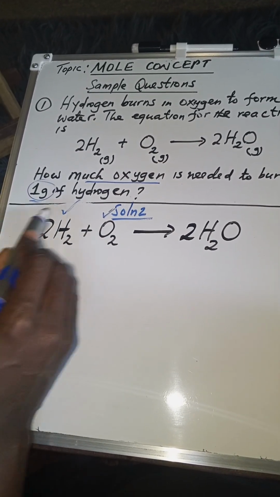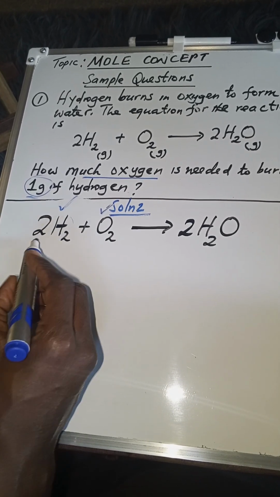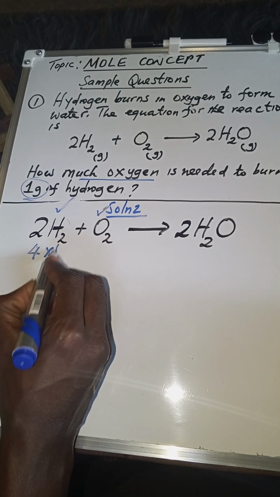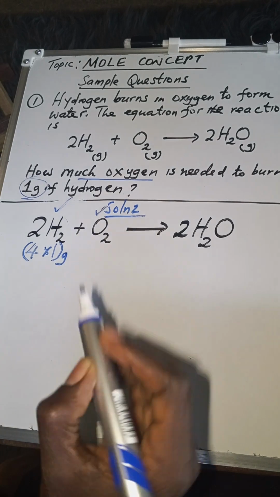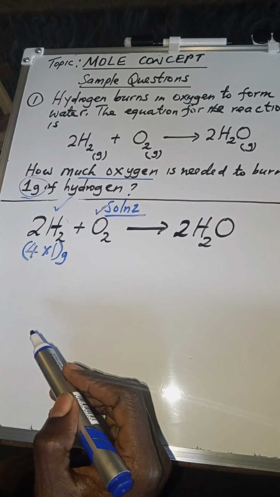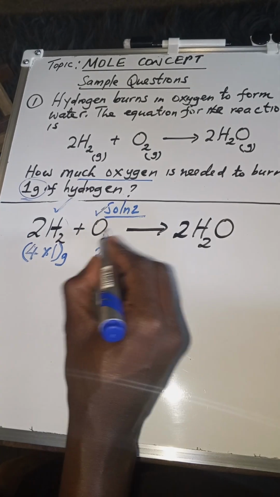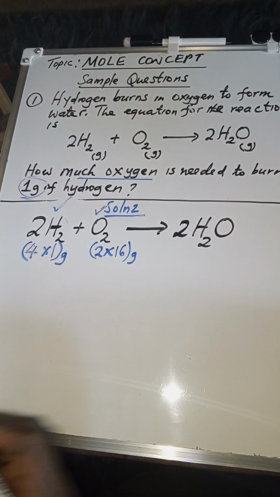If you notice here, the total number of hydrogen atoms is 2 times 2, so it will be 4. It will be 4 multiplied by the atomic mass of hydrogen, which is 1, so that gives me the total mass of hydrogen here. The number of atoms of oxygen there is 2, so it's 2 times the atomic mass for oxygen, which is 16. So 2 times 16 gives me the total mass of oxygen.